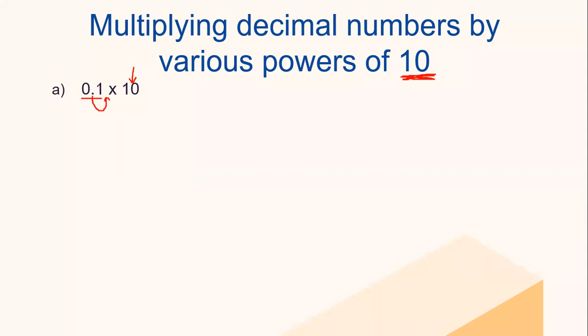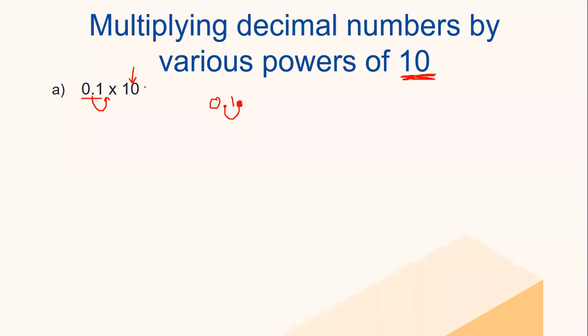Remember this. In 0.1, the dot is between 0 and 1. Now this dot will change its position one place to the right hand side. That means your dot will reach here. Whenever you multiply by 10, 100 or 1000, you simply shift the dot to the right.